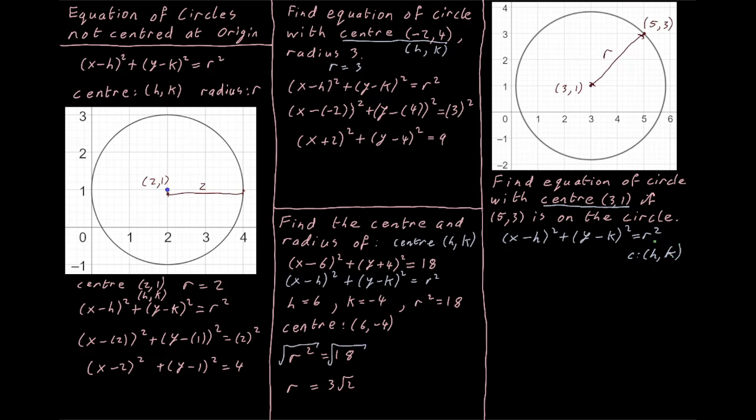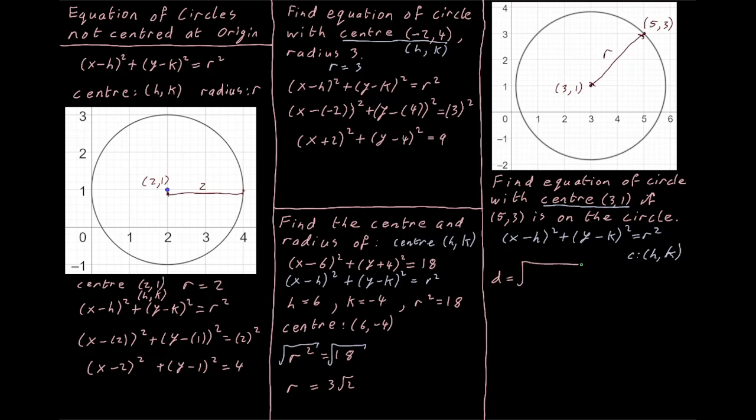So the piece of information I am missing is going to be the radius. I know this point, the center, and I know the point on the circle. So if I use my distance formula, I am going to get the radius of the circle. The distance from the center to any point on the circle is always the same. It's always the radius.